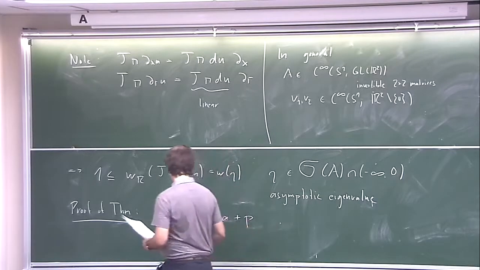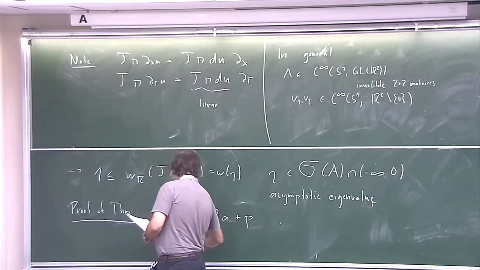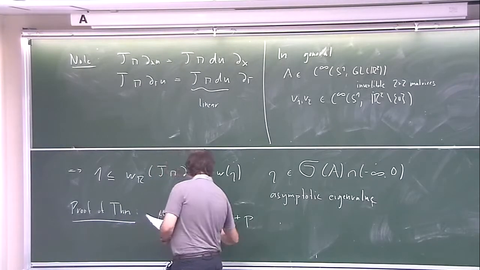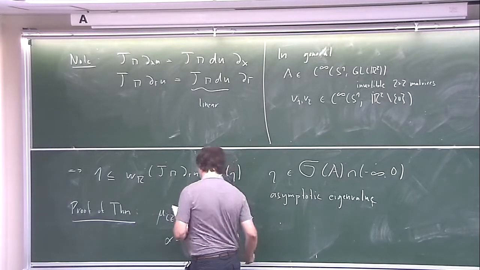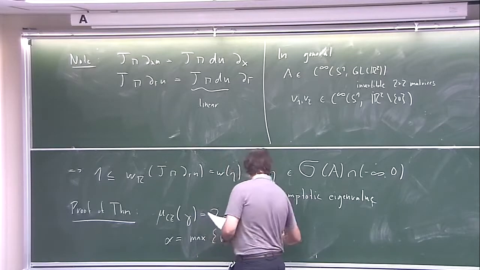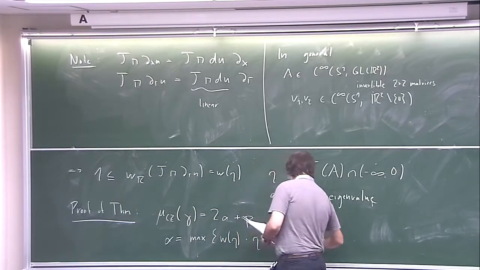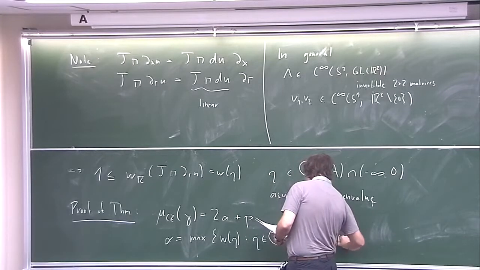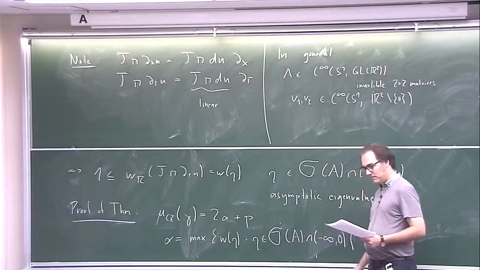And alpha is the maximum of the binding number, so that eta is a negative eigenvalue.